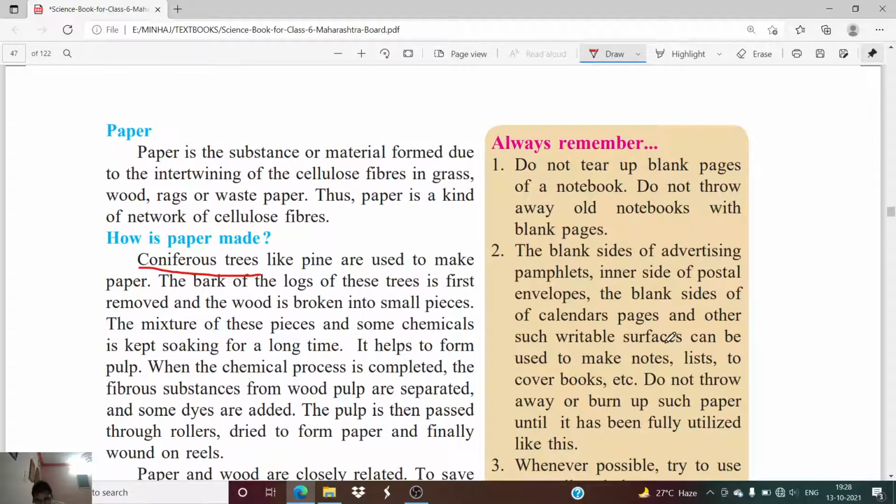So whatever paper it may be, either a pamphlet or an advertising paper, envelope or calendar, if there is some space to write, we can use that writing space to take notes, to list something, or to cover the books. Do not throw away or burn such paper until it has been fully utilized like this.